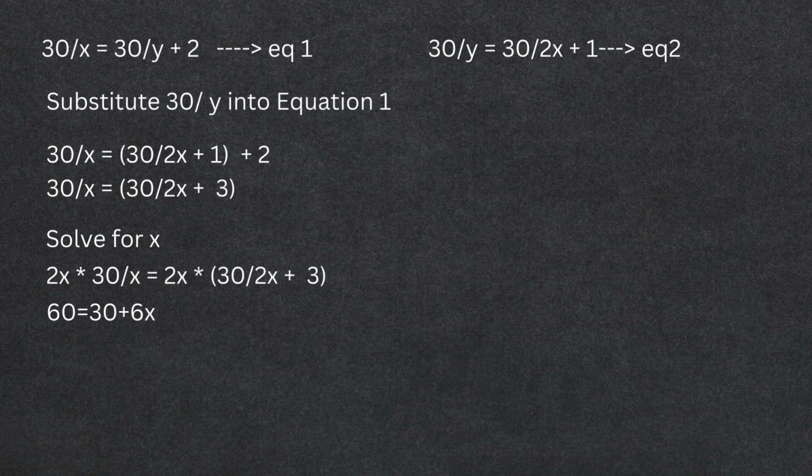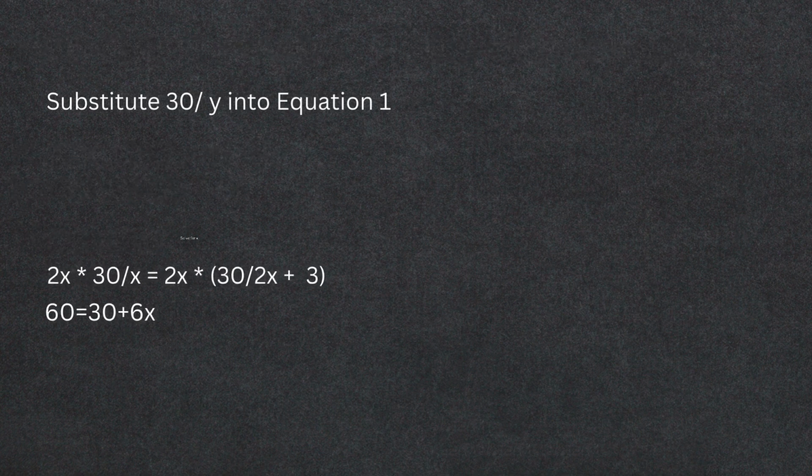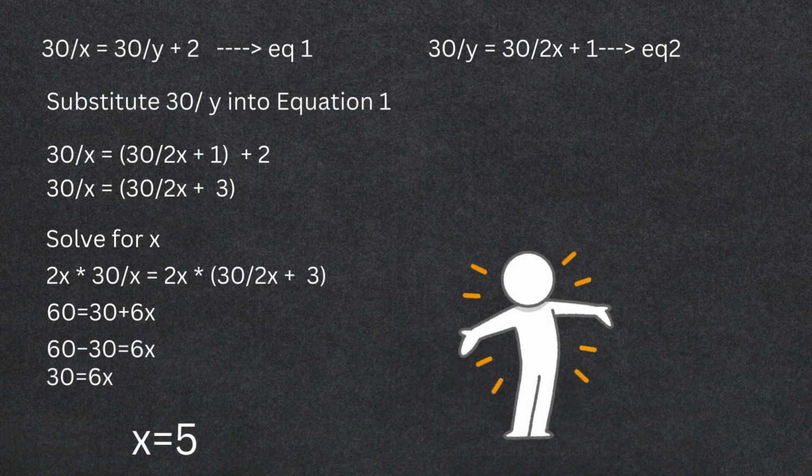If we solve the right side, we get 30 plus 6x. In the next step, we subtract: 60 minus 30 gives 30, and the rest is 6x. So, x is equal to 5 is the final output. Our final answer is Abhi's speed is 5 km per hour.